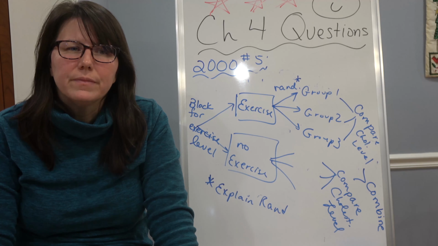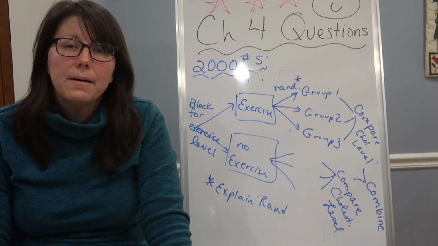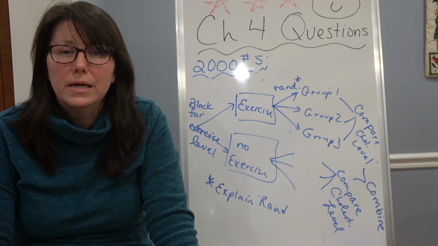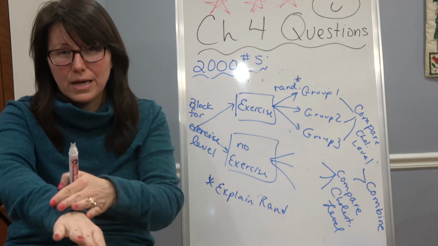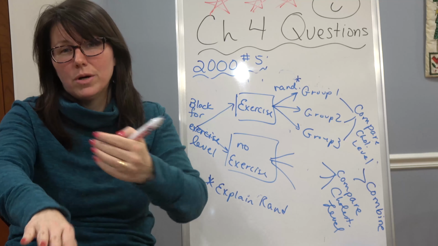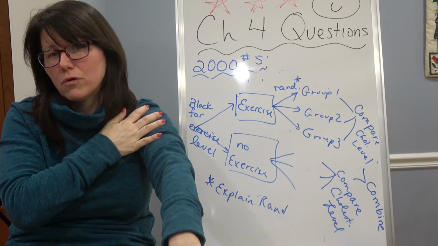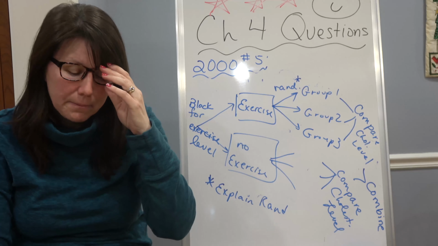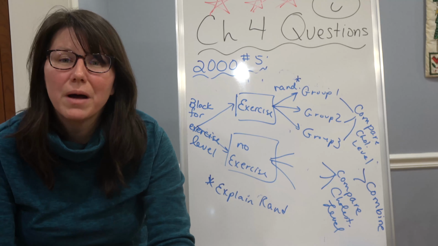So matched pairs is a specialized form of blocking, and blocking is always better than not blocking. If you can block with yourself, then that's great, like if you had sunscreen on one arm and placebo sunscreen on the other. So sometimes it's possible to do matched pair with self, like in the boot problem.